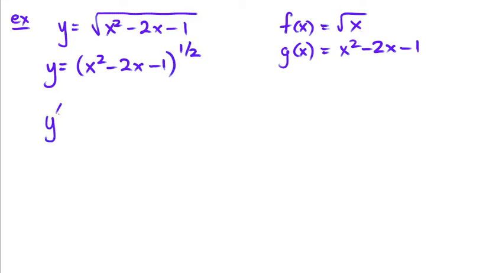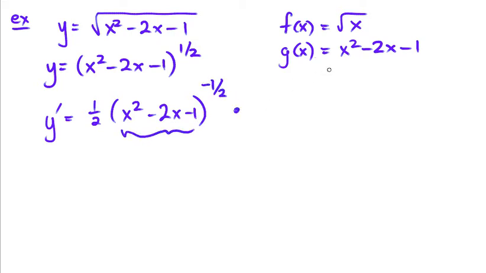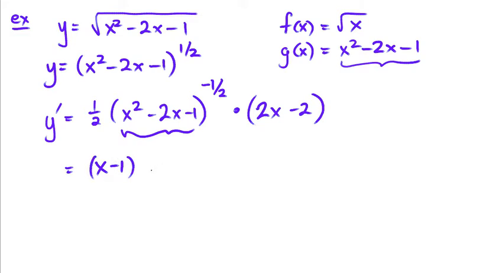When I take the derivative of this, I bring down the 1/2, I keep this part, I drop the exponent by 1, and I multiply by the derivative of the inside part, which is your g of x derivative, and that would be 2x minus 2. 2x minus 2 times 1/2 will give you x minus 1 times x squared minus 2x minus 1 to the negative 1/2.